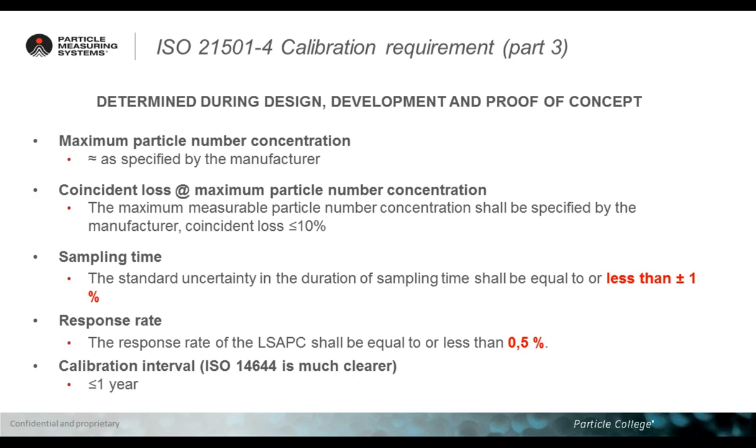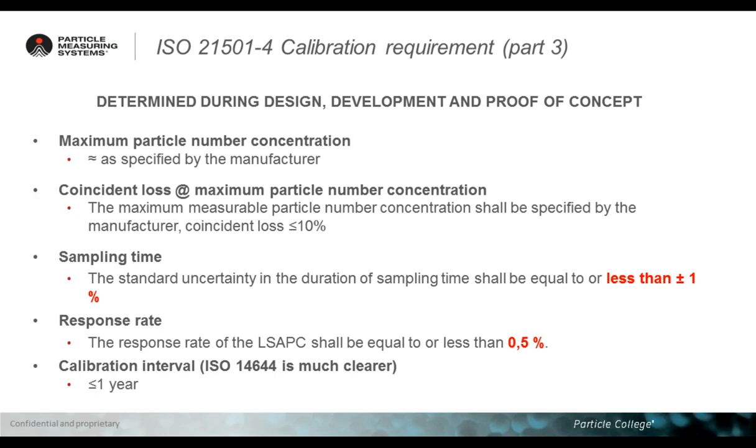So in case you use the particle counter in a very dirty area, or, for example, in your office environment, you may get an alarm related to the coincident loss error and the maximum particle concentration. Simply because if the number of particles exceeds a certain number, the instrument may start losing its capability of detecting the size correctly and the number correctly.